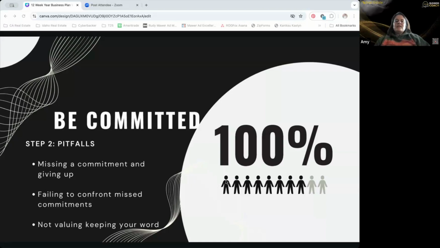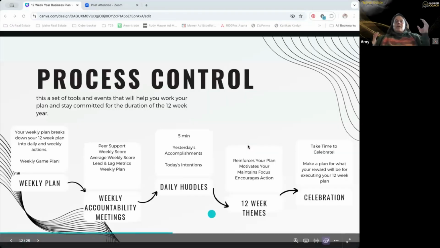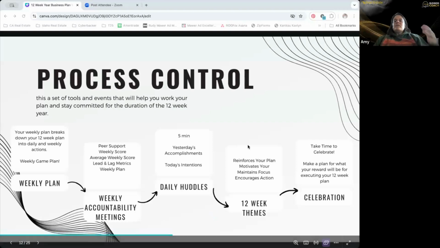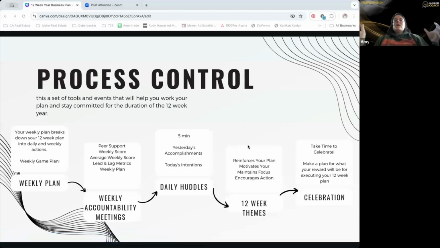All right, let's move on to process control. So we've got our 12-week goals. We've developed the tactics. We've made sure that we're 100% committed to both those goals and the tactics. So now we're going to enact the elements of process control to help us execute at our best and make sure that we overcome those obstacles that we may encounter along the way.